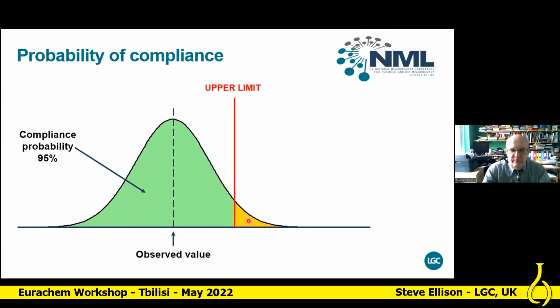So let's say that we wanted to make sure that our false rejection probability is always 5% or less. What can we do? What we can do is we can change our rule. We can say, instead of using the upper limit as a criterion, let's use this value as a criterion.